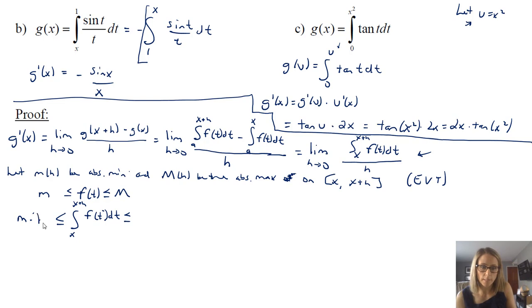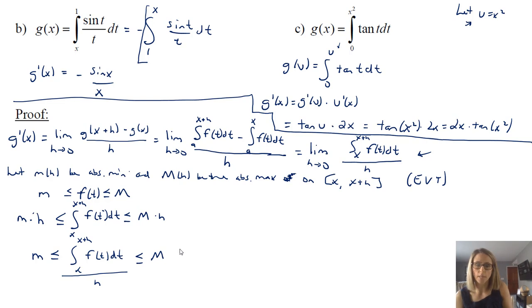So you have little m times h less than or equal to the integral, which is less than or equal to big M times h. Now we still need to divide by h and take the limit as h goes to 0. Dividing by h gives us little m, less than or equal to the integral from x to x plus h of f of t dt over h, less than or equal to big M.